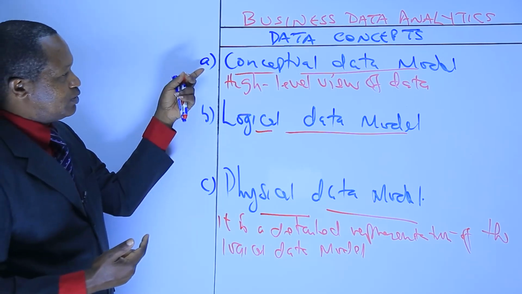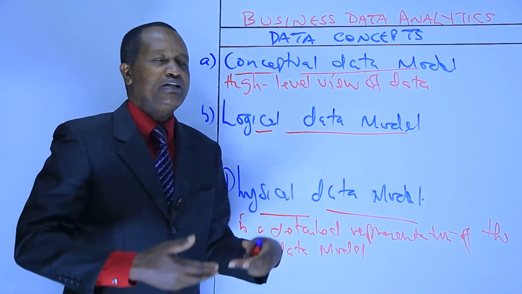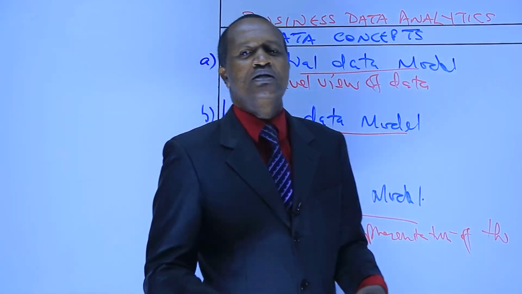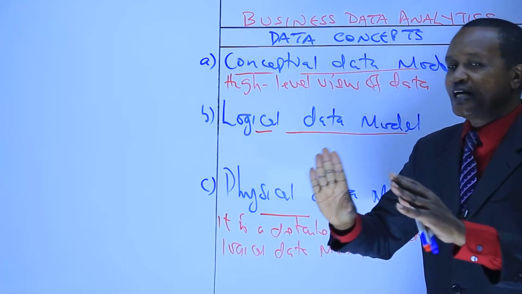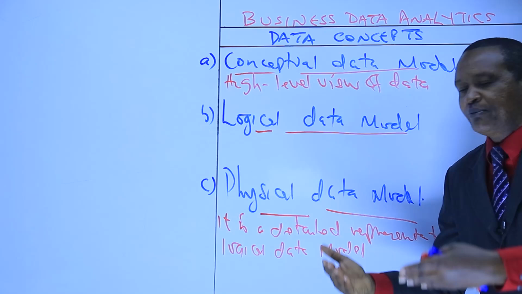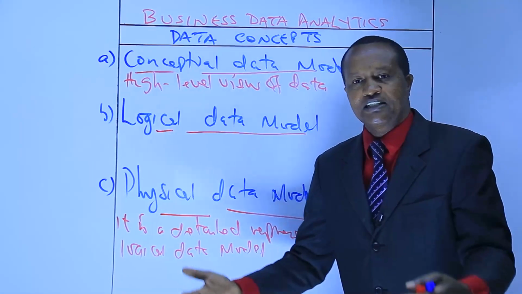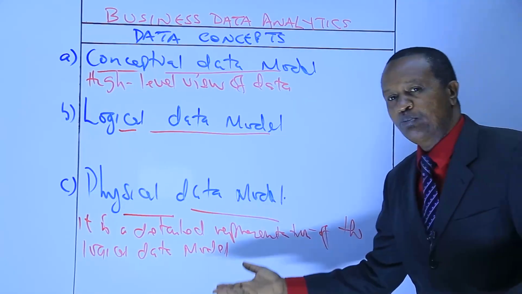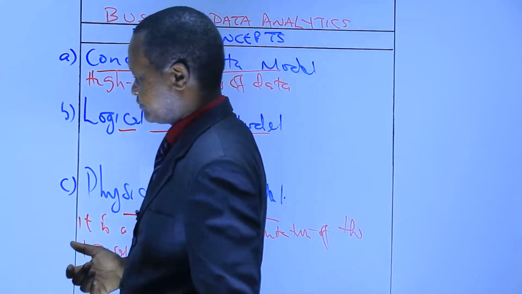And candidates, these models help to organize, help to document, and also help to organize data requirements. These models also ensure that the data is accurate, the data is complete, and the data is consistent.